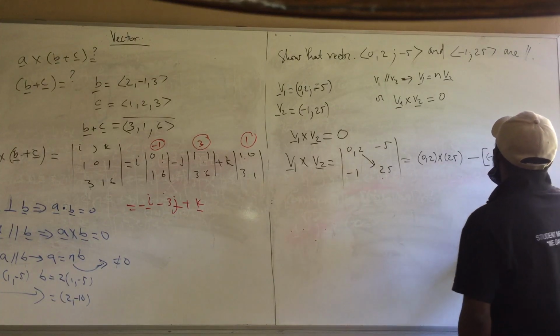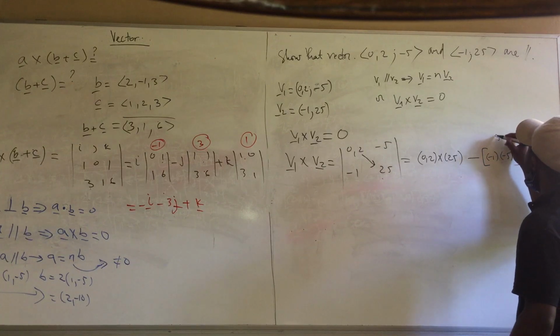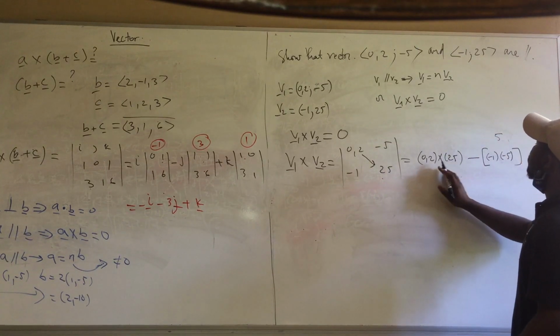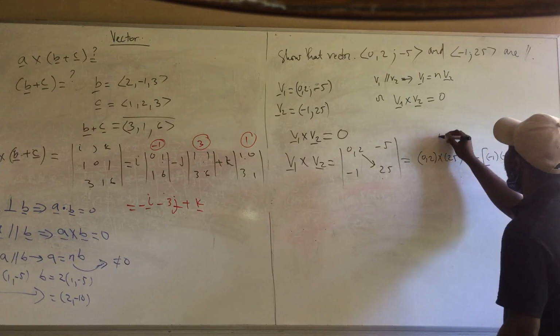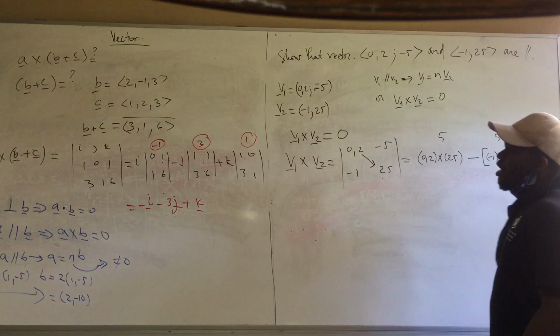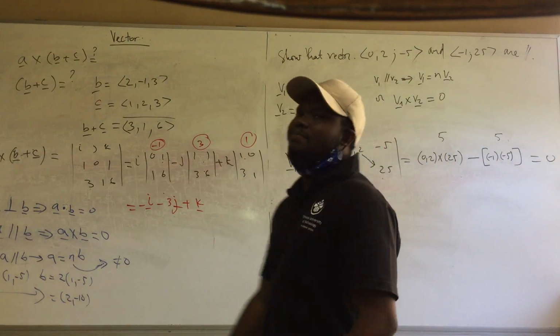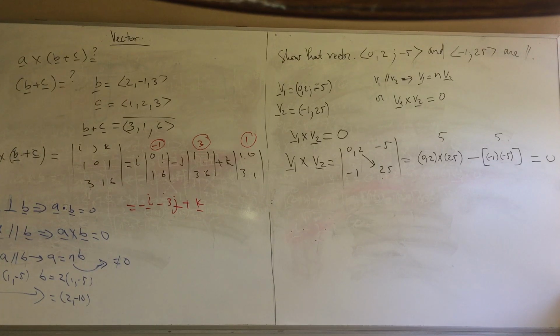So this one gives you what? Minus 5, minus 1, minus 1 will give you 5. And 0.2 multiplied by 25 is going to give you 5. So I'm having 5 minus 5, it gives you 0. Hence we prove that V1 is parallel to V2. V1 cross V2 equal to 0, therefore they are parallels.